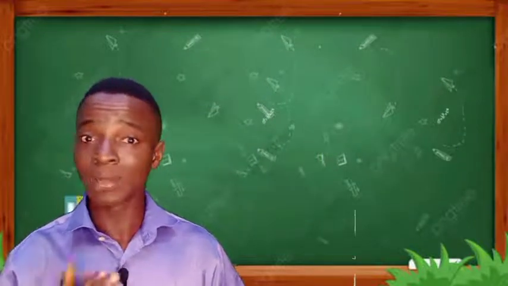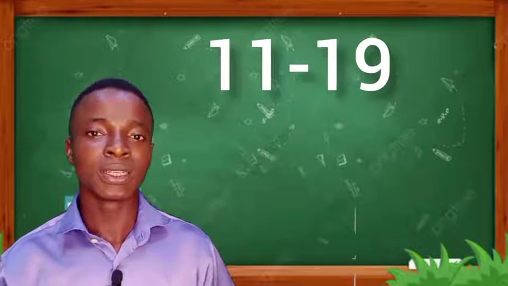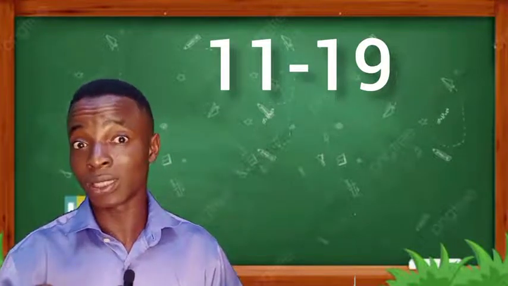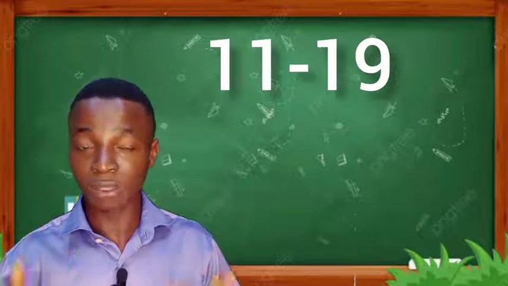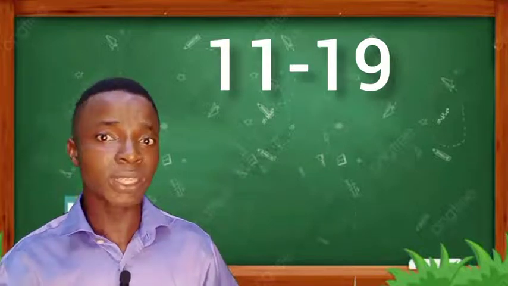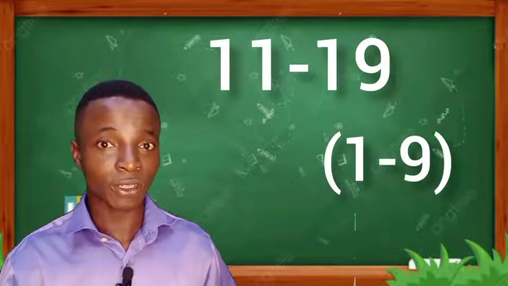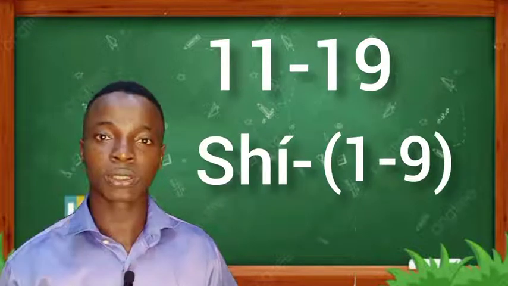Now, counting from 11 to 19. For us to be able to count from 11 to 19, there is one formula that we are going to use. Always remember that. We only need to add numbers from 1 to 9 at the front of 10.